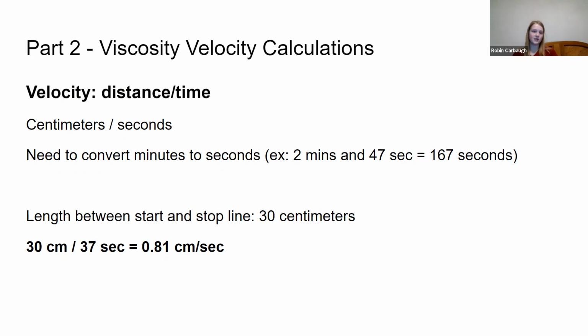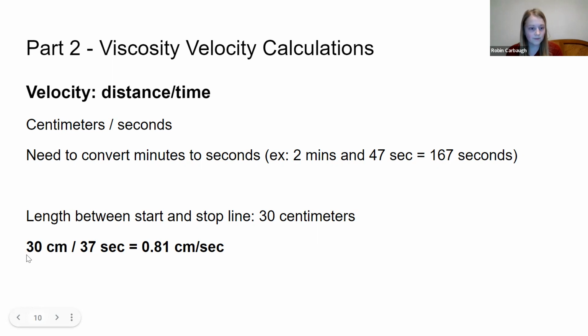So velocity is how far something goes within a certain period of time. So in this case, from that start to that end line, that was 30 centimeters. And we already calculated how many seconds it took to go that 30 centimeters. So you would just have to take that 30 centimeters divided by your time.